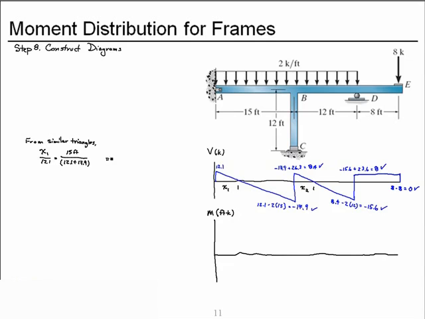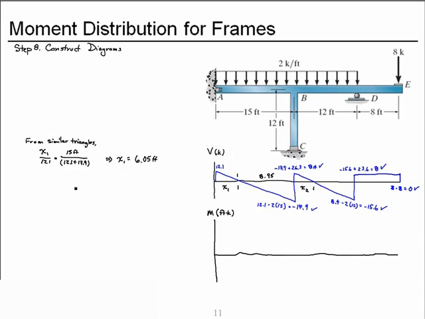And if I solve that for x1, I get 6.05 feet, which means this portion is 8.95 feet.